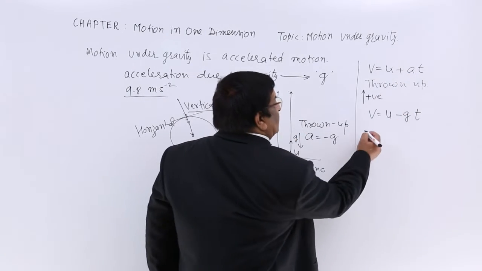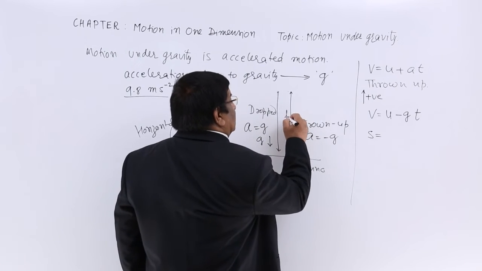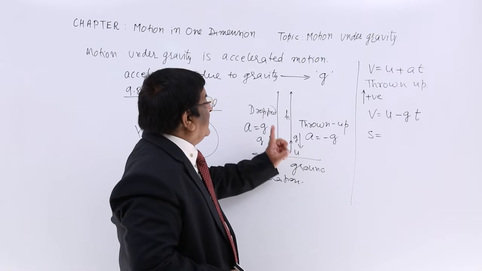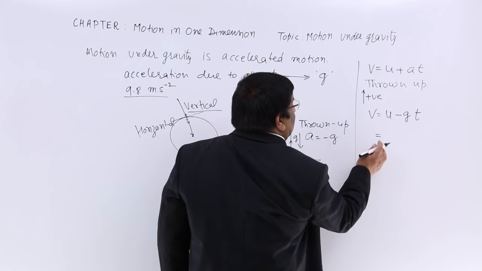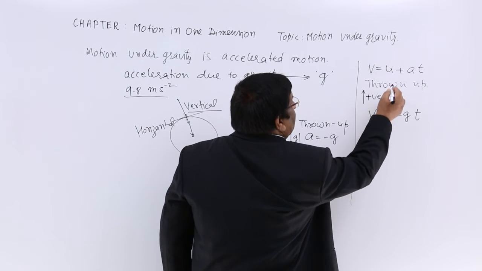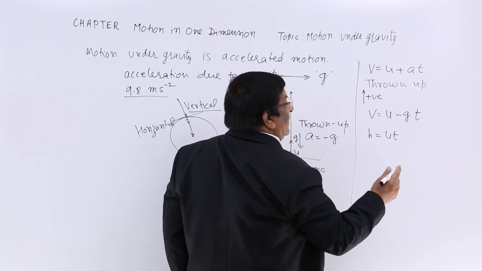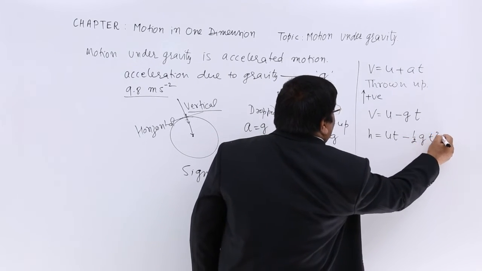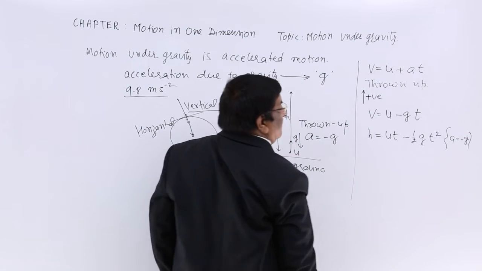Now the second equation is s is equal to, in this case h is equal to, if I am starting from this point, h is in the upward direction. So in that case I can write h is equal to ut plus half at square, and here this will be minus half gt square, because acceleration is equal to minus g.